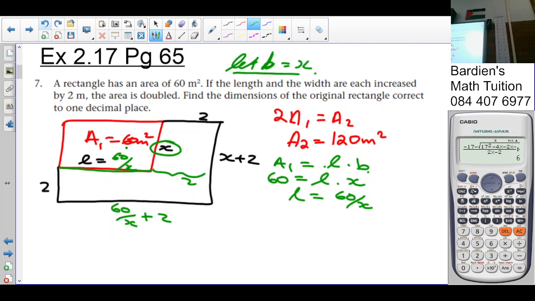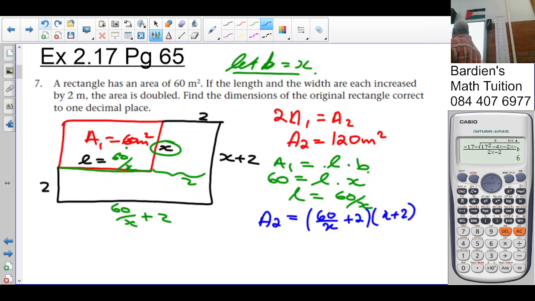Okay. So if that's the case, now we know the area 2. How do you calculate the area of the big rectangle? Again, length times breadth, not so? So my length here is going to be 60 over x plus 2, times x plus 2. And this is equal to area 2, which is 120 meters squared.